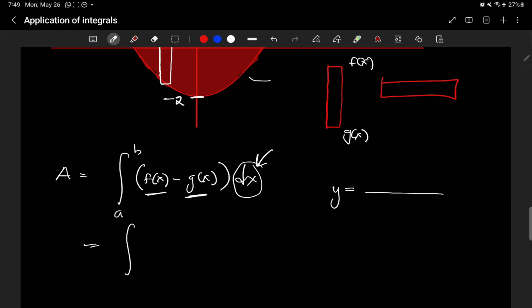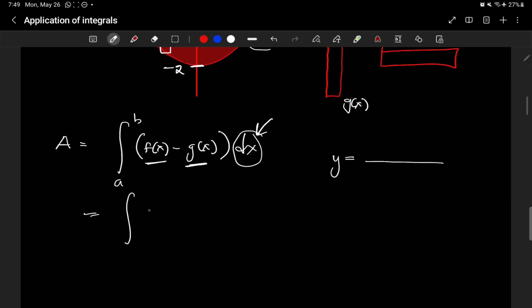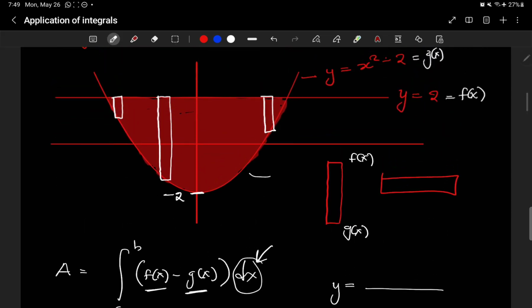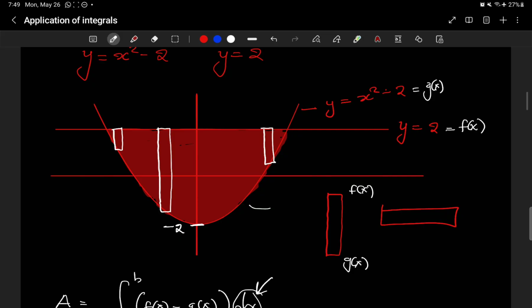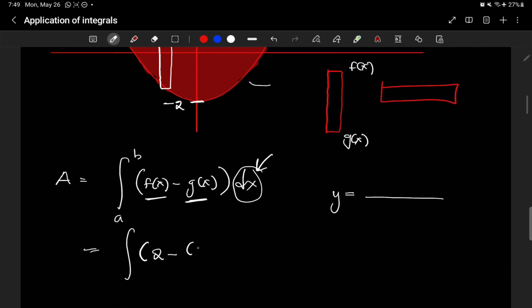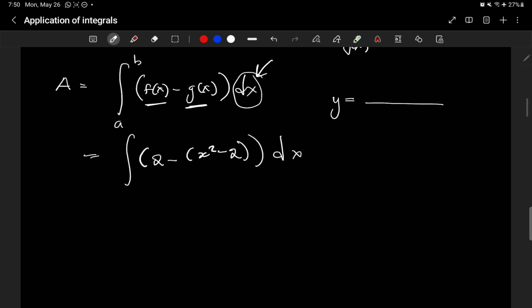Okay, so for the first one, our f of x, we have y is equal to 2. For the second one, g of x, we're given the quadratic there, y is equal to x squared minus 2. So I have y is equal to x squared minus 2 dx.